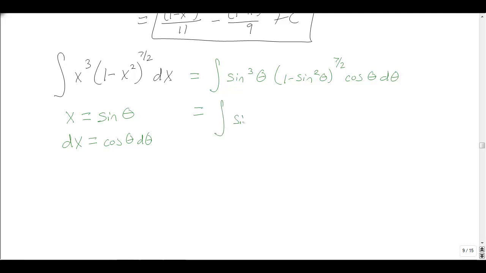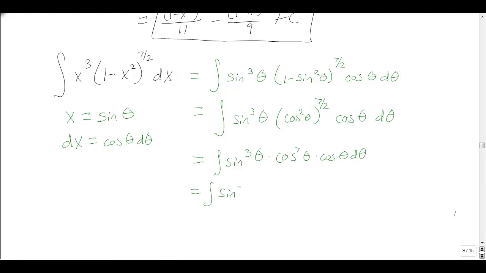And then we get sine cubed theta, 1 minus sine squared is cos squared theta, to the 7/2 times cos theta d theta. Let's write that 7/2 a little more nicely. This is (cosine theta to the 2) to the 7/2. You can multiply those. So we get an antiderivative of sine cubed theta times cosine to the 7th theta times cos theta d theta. And then cosine to the 7th theta times cos theta is just cosine to the 8th theta.